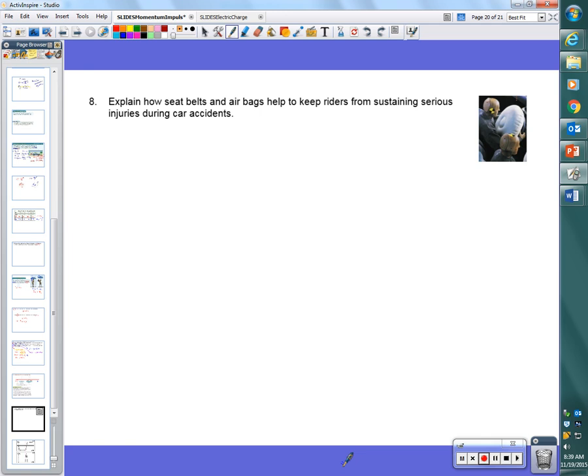When you get into a car accident, that car feels a force from the guardrail, the telephone pole, or another car, right? And so the car experiences an acceleration. But what do you do? You keep going. Why? Inertia.